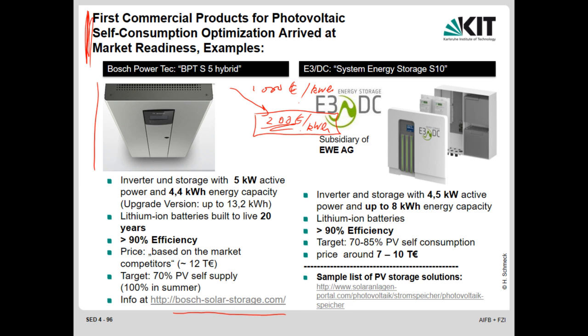At FZI, we actually have batteries from RDS Tech, and we have one battery from Tesla. And RDS Tech is giving a guarantee for a certain number of years, if you use the battery within a certain range of the state of charge.